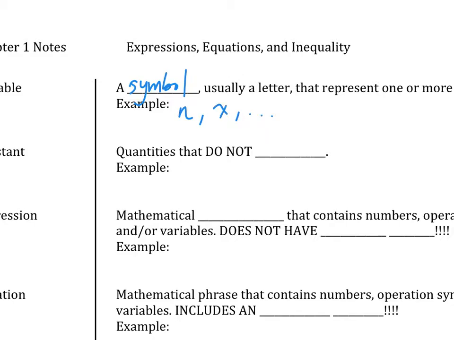Then what is a constant? Something that doesn't change. Yeah, same thing as when we say something is constant in life, that just means it never changes. So something like 3 or pi or some number, not a variable, which can be one or more numbers.